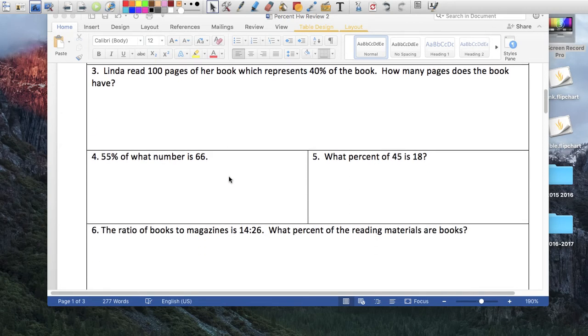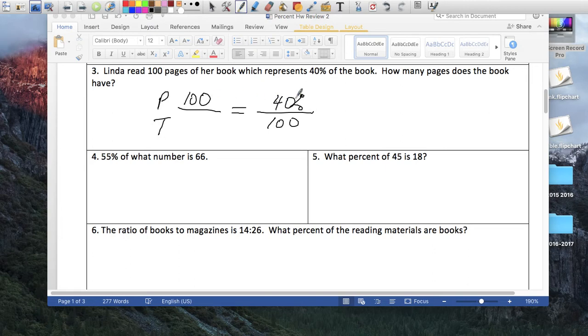Linda read 100 pages of her book, which represents 40% of her book. So let's set it up again. 40 goes here. She read 100 pages and says that's the same thing as 40%. So part over total: the 100 pages is not the total number of pages in the book, but the part. Any relationship between 40 and 100?